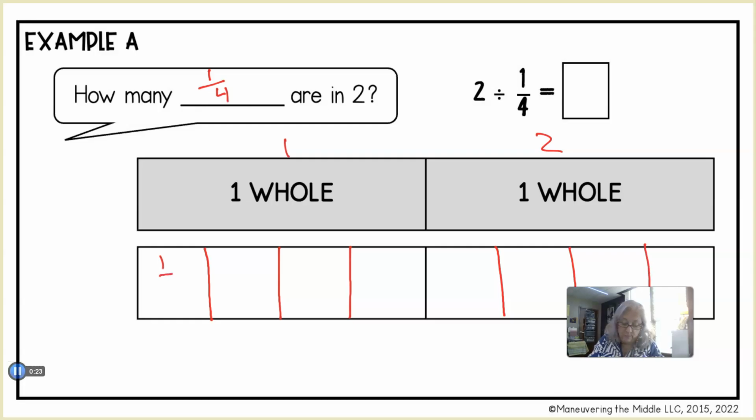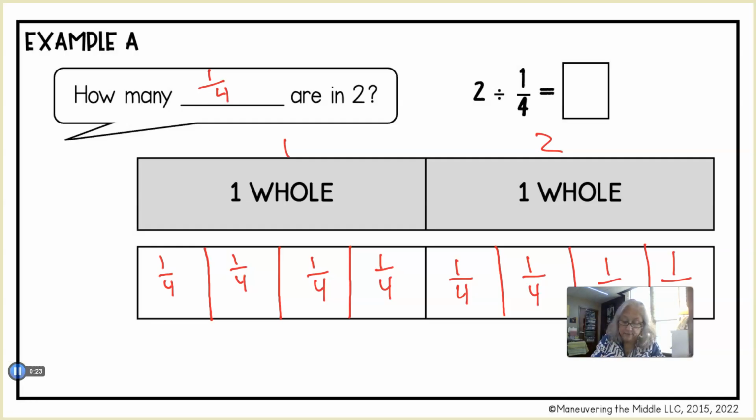So this is 1/4. Each one of these is a fourth. On your paper you should be doing the exact same thing. Very simply, we're going to go through here and count how many 1/4 we have.